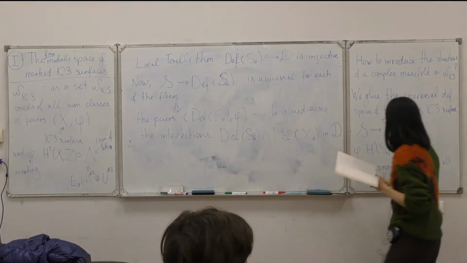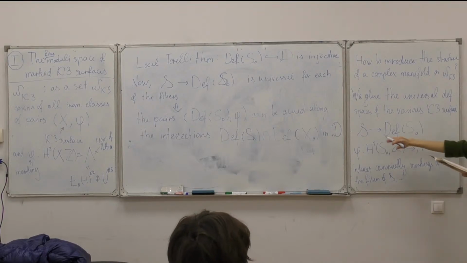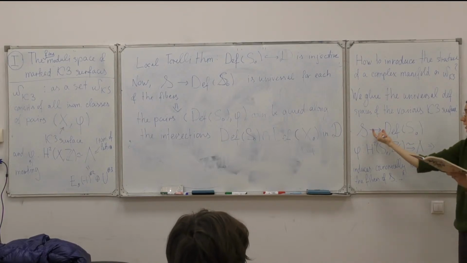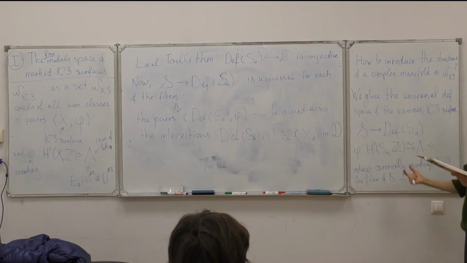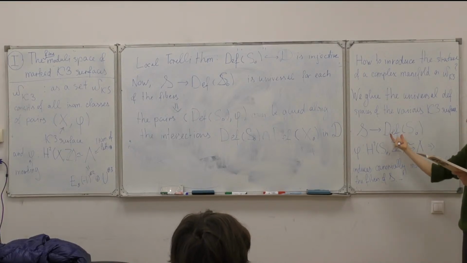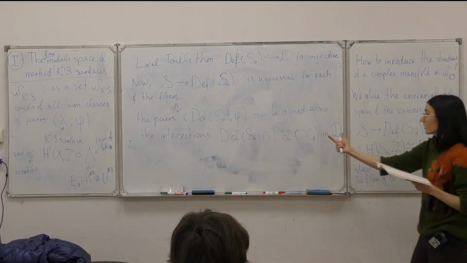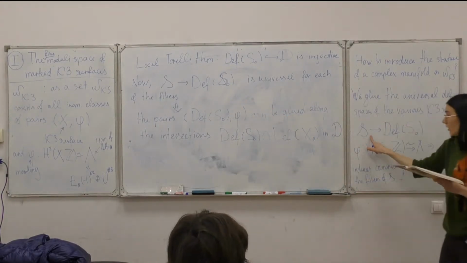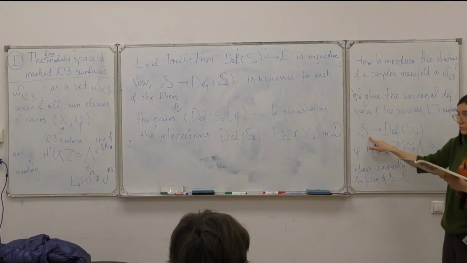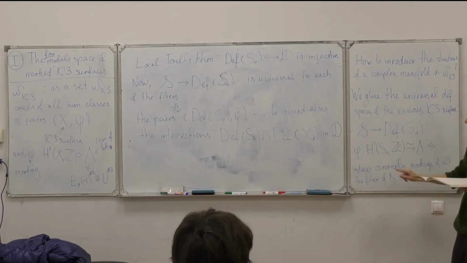So one more time, what I claim. For a K3 surface, we have a universal smooth deformation. And this universal deformation is in fact universal for all fibers of S. We discussed this last time.